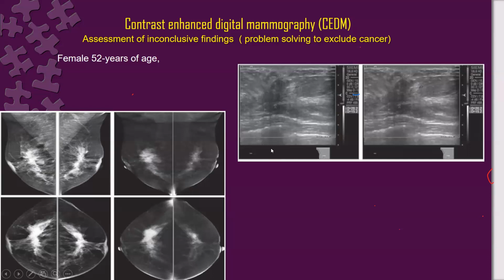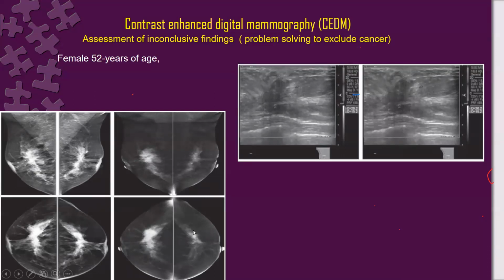It could be a complex sclerosing lesion like sclerosing adenosis or radial scar versus malignancy. How does the contrast study help us? It demonstrates what? We expect the parenchyma to be subtracted completely.